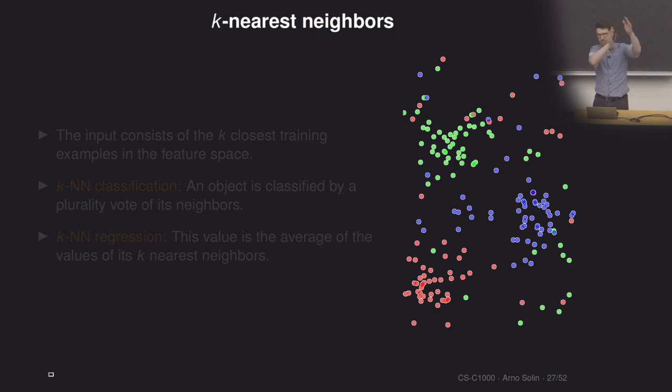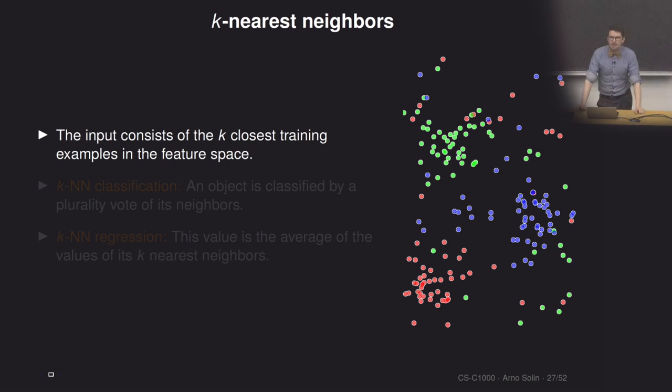Going down the slope, k nearest neighbors. So here I have a classification problem. I have some inputs that are in this 2D space, and the class label is visualized by the color of the dot.